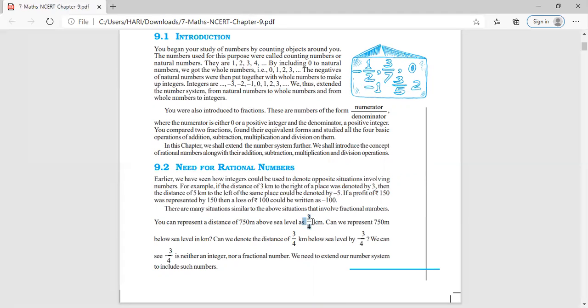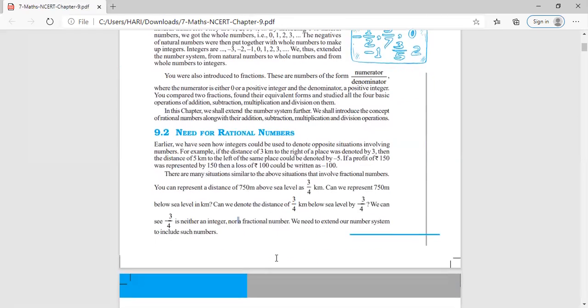But this minus 3 by 4 is neither an integer nor a fractional number, right? In a fraction, we use only positive integers. So in such cases, where we have to represent fractions involving negative numbers, we have to use negative integers, right?